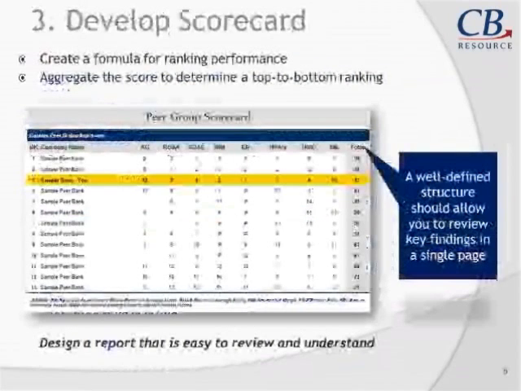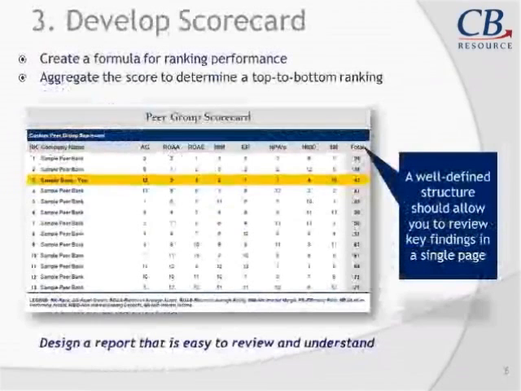From that point, you've selected your criteria, you've selected your peers. So now it's creating that scorecard or the formula so that you can create a vehicle to communicate between you and the board. So what you're seeing here is an example of a scorecard we use, but you can see 8 columns there that represent asset growth, ROA, ROE, net interest margin, efficiency ratio, non-performing assets, non-interest-bearing deposits, and net interest margin. And then there's an aggregate score.